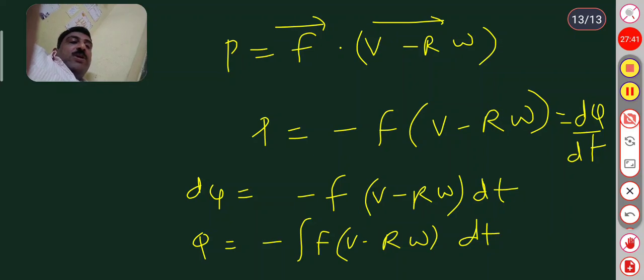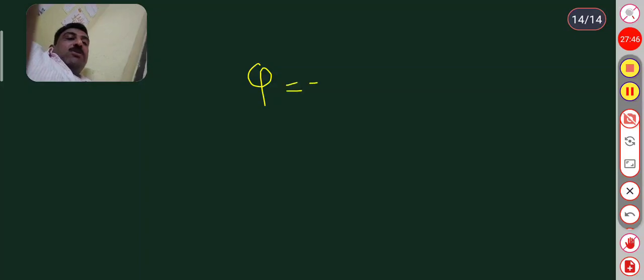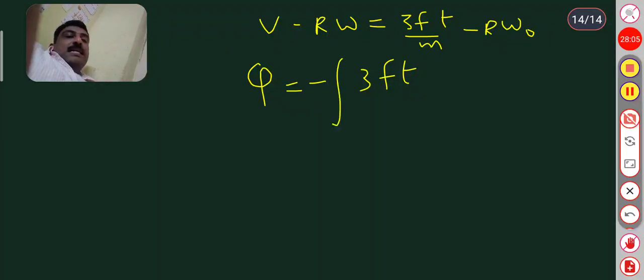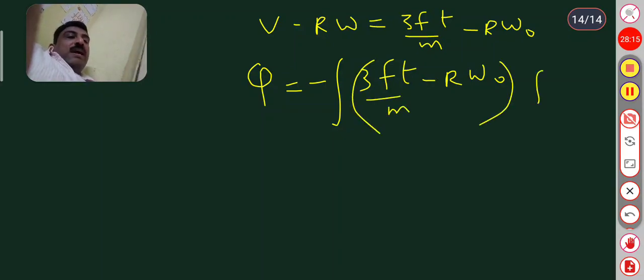To calculate the total heat dissipated, V minus R omega, which you got as 3Ft by m minus R omega naught, so I can write minus the integral of F times (3Ft by m minus R omega naught) dt.